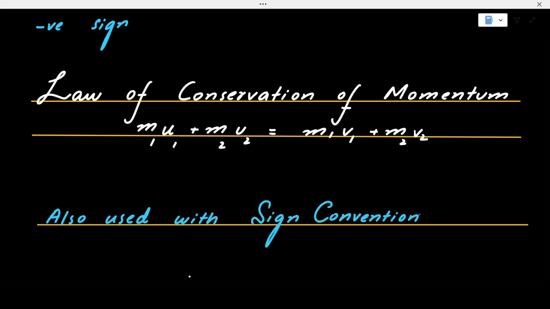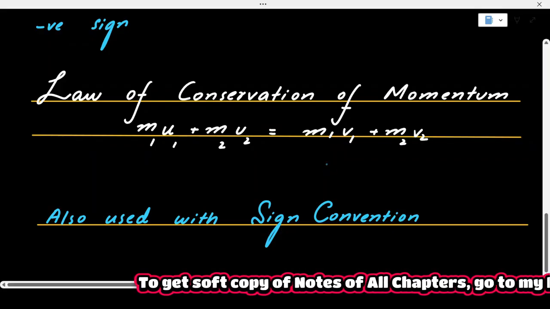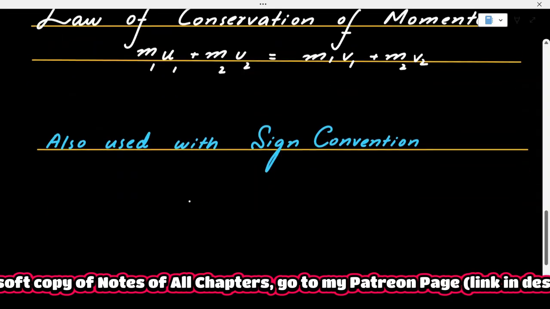What does that mean? It means, let's say, after the collision, the velocity of the first object is now reversed. So this one, v1 should be negative. If the velocity of the second object after the collision is reversed, the velocity v2 would be negative.